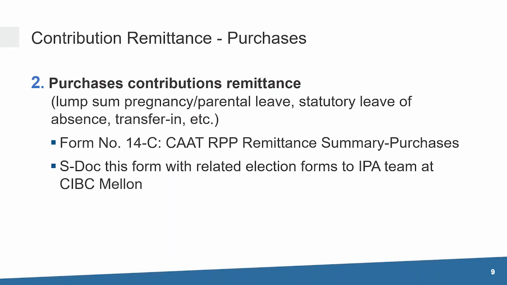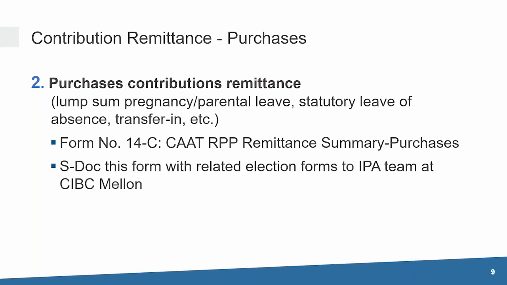The second part of the remittance process relates to purchase service contributions. The appropriate form to use for RPP purchase service remittance is Form 14C on our website. You will also see number 20C, which is CAT RCA remittance summary, pension purchase, which is not applicable here.